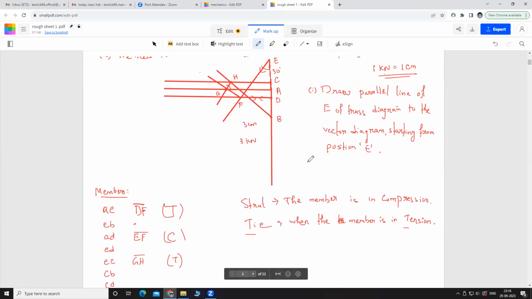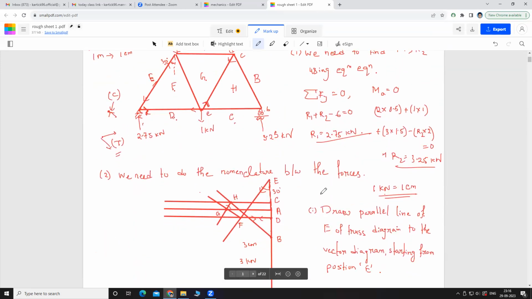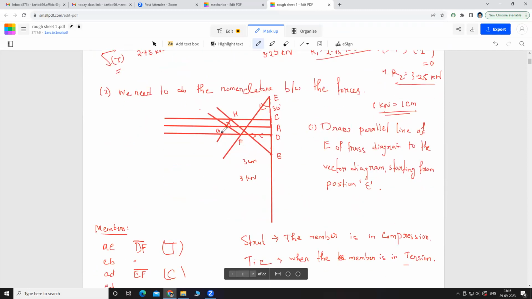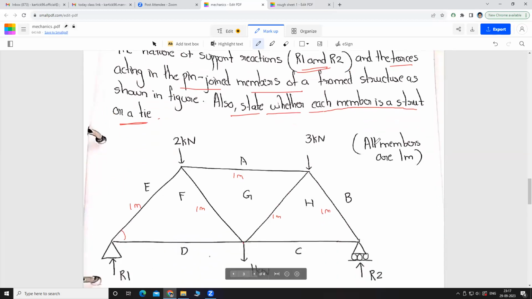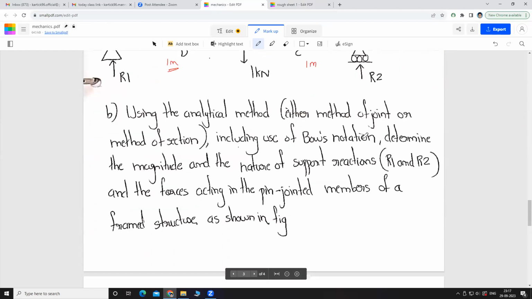So in this way you can find out forces here. That is the graphical method. Now, if we want to find out the forces using the method of joints and method of sections, we'll discuss that.